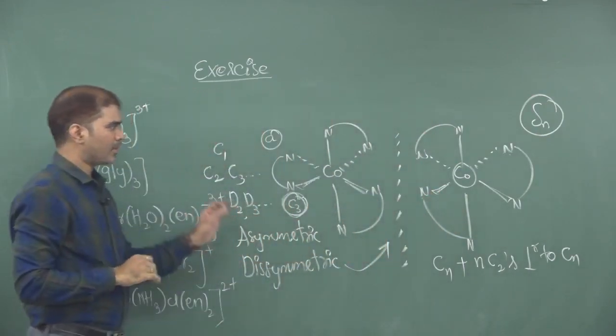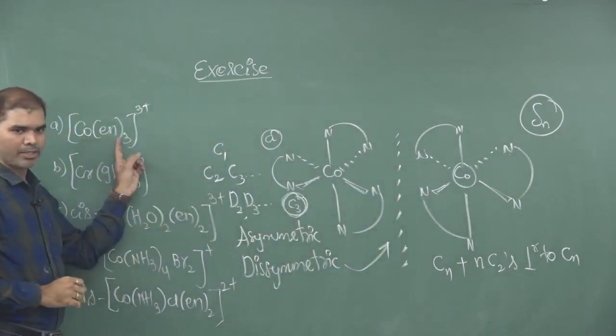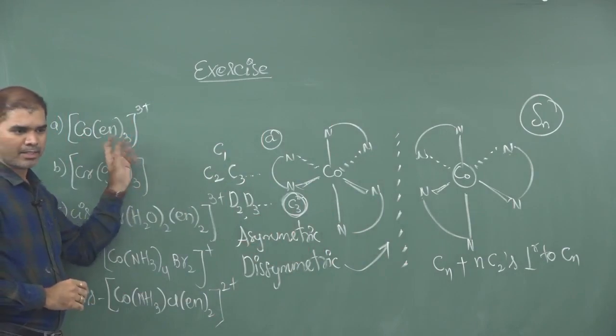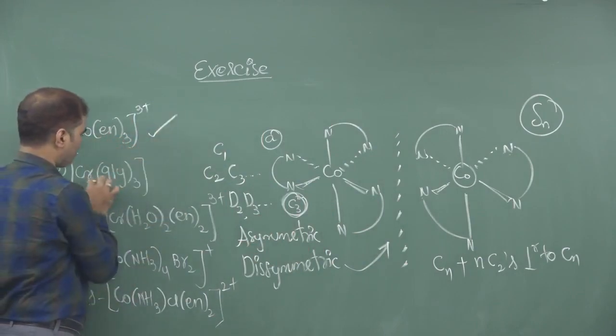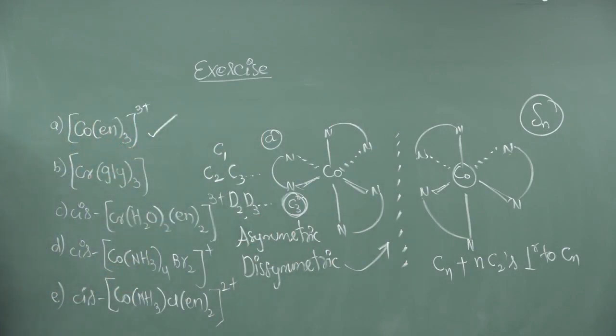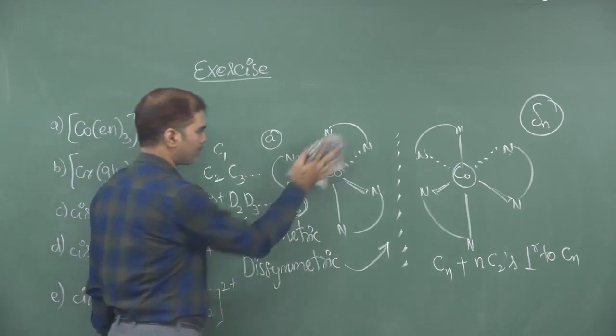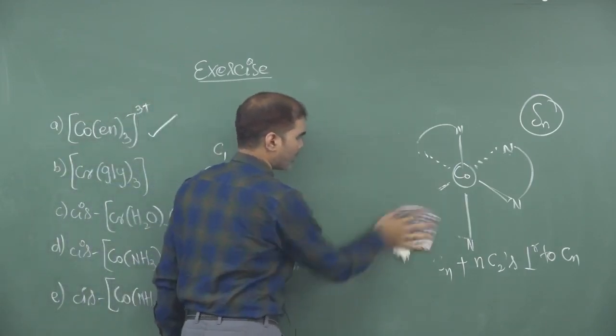So now coming to the conclusion, Co(en)3, it can exist as enantiomers. Chromium glycinato, finish this one. First one is okay.